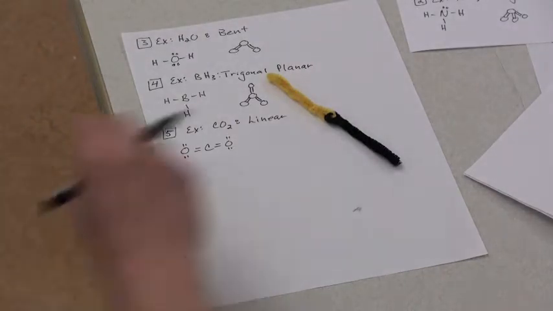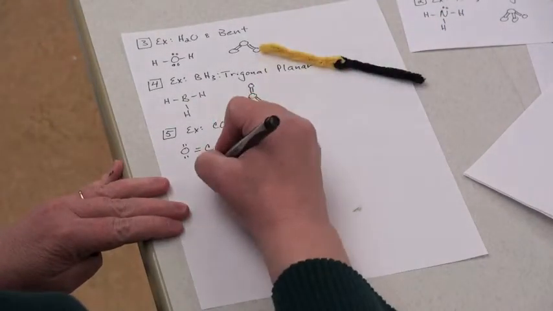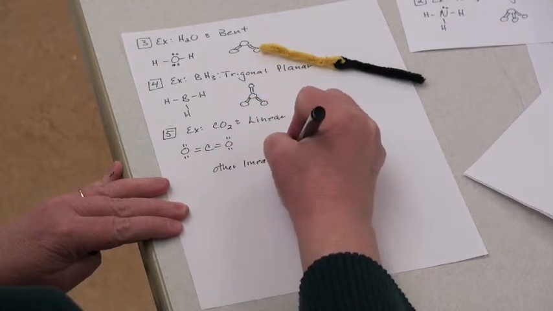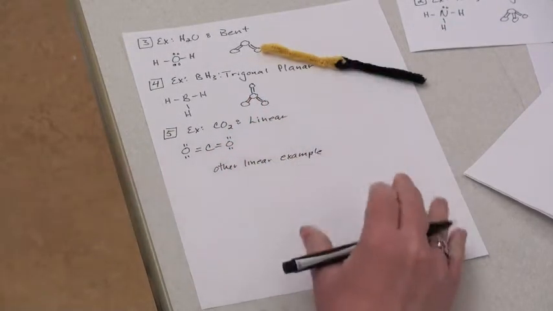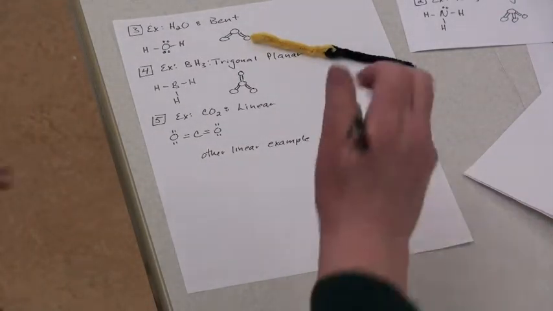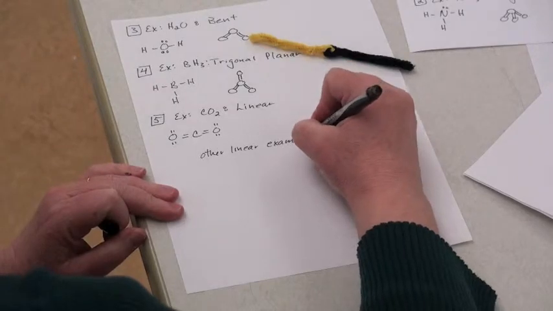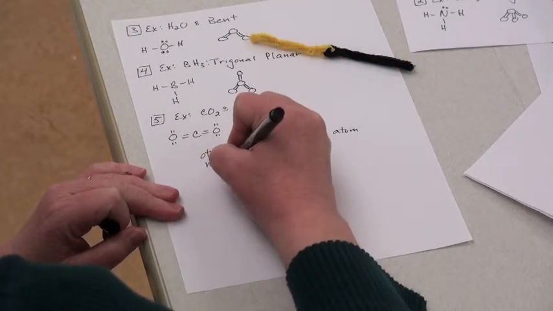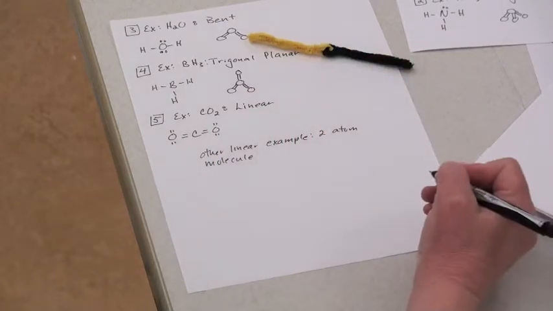Now there's one other example, which is actually much more common, and that's just any molecule that has 2 atoms. A 2-atom molecule, because there's no choice, it has to be linear.